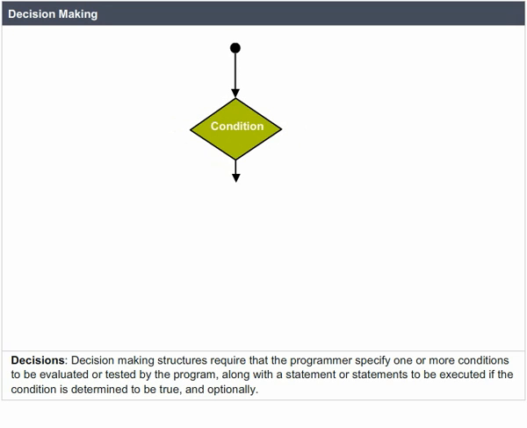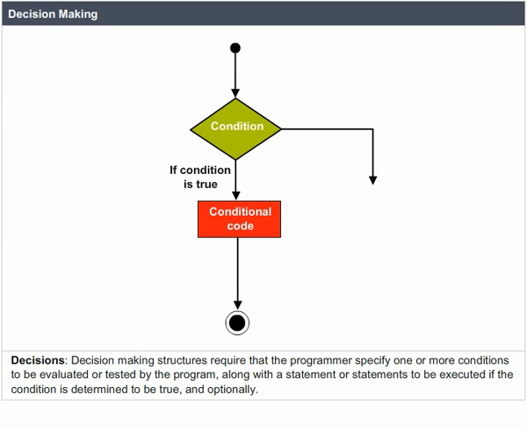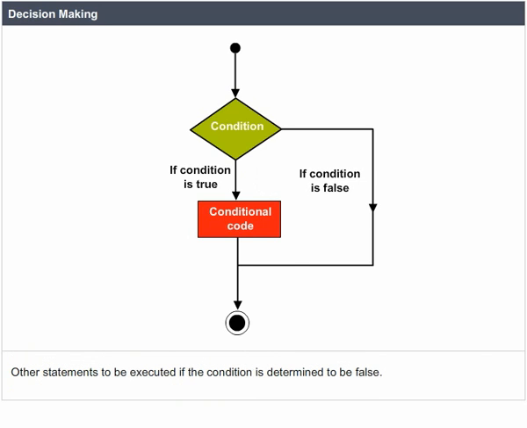Decision-making. Decision-making structures require that the programmer specify one or more conditions to be evaluated or tested by the program, along with a statement or statements to be executed if the condition is determined to be true, and optionally, other statements to be executed if the condition is determined to be false.